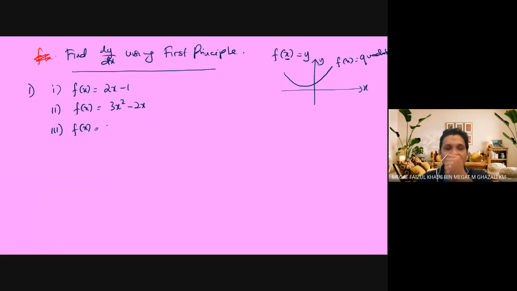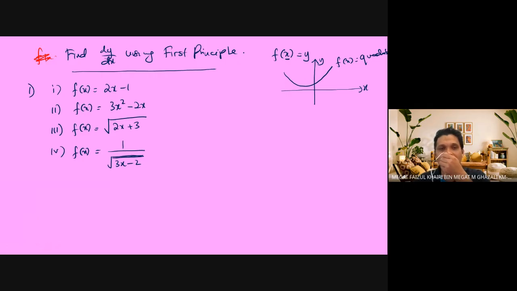Let's say square root of 2x plus 3 and f(x) equal to 1 over square root of 3x minus 2.